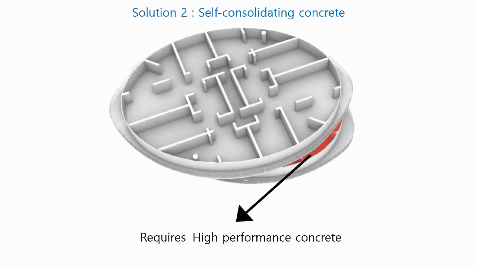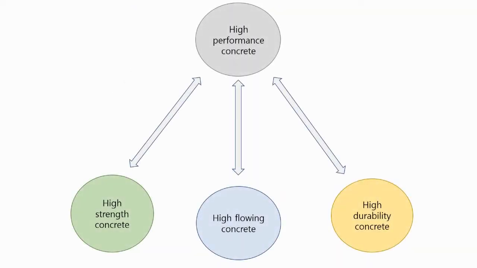The second method is the use of self-consolidating concrete. The rotating slab of the Absolute World Towers requires a high-performance concrete. To operate as a high-performance concrete, high strength, high flow, and high durability are needed.